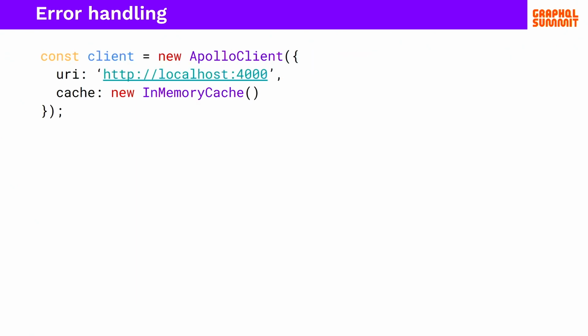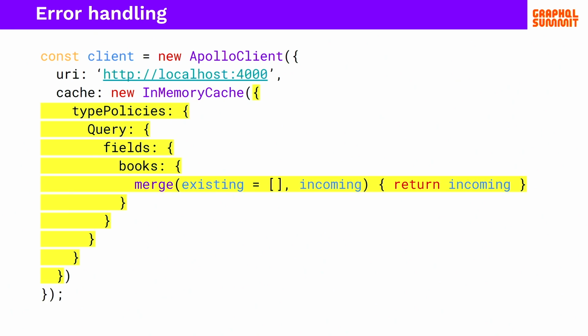So here's a basic implementation of the in-memory cache. And then here's what it looks like after we add in our custom merge function. So essentially, we're just saying that we're going to replace the existing array with the new array that we're writing in. But if you're unfamiliar with custom merge functions, let's walk through exactly how this works.